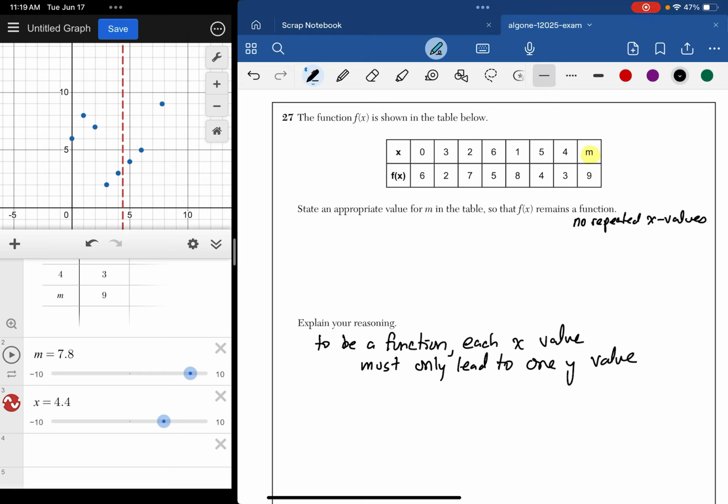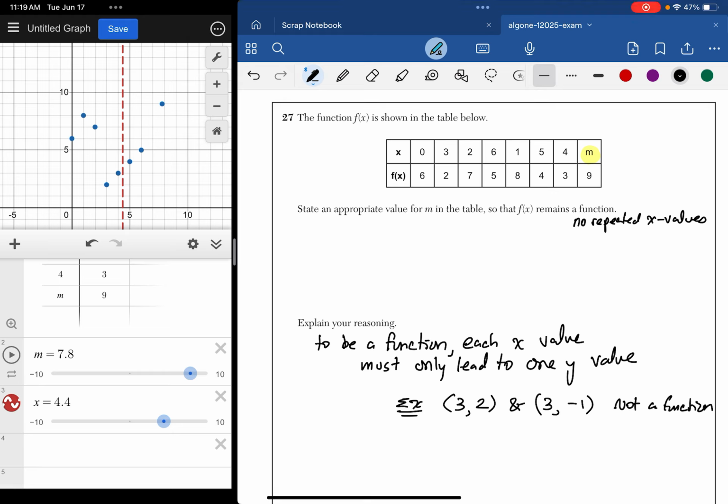All right, so for example, if I have 3, let's say 3, 2, and 3, -1, you see how 3 gives me 2 possible y values? If I have an x value of 3, I get a y value of 2, or a y value of -1. That's bad. That's not a function.